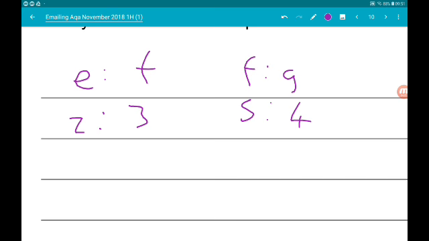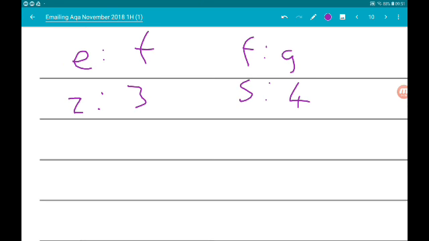So to turn 3 into 15, we multiply by 5. So we do that to both sides of the ratio. So we get 10 to 15, and then 5 multiplies 3 to get 15.